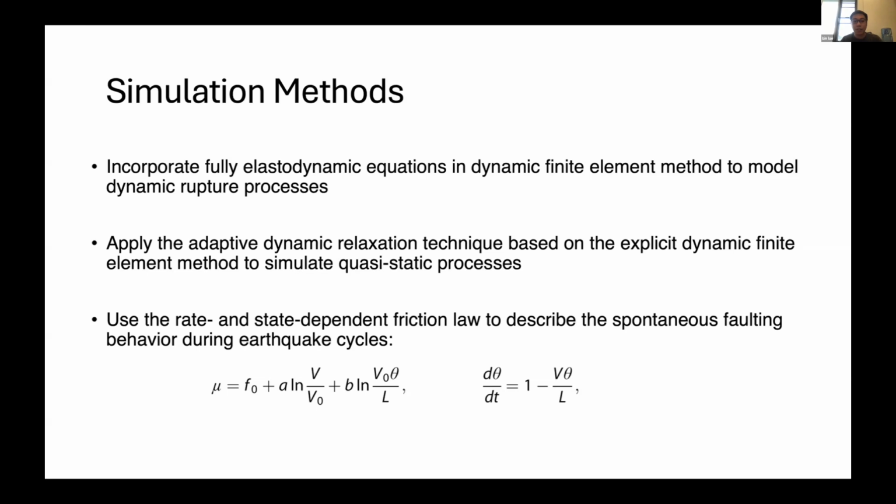They could be implemented in different ways, but they share the same properties, which are the logarithmic dependence of the friction on velocity, and also the logarithmic dependence of the friction on a state variable. So this is the essential form of it.